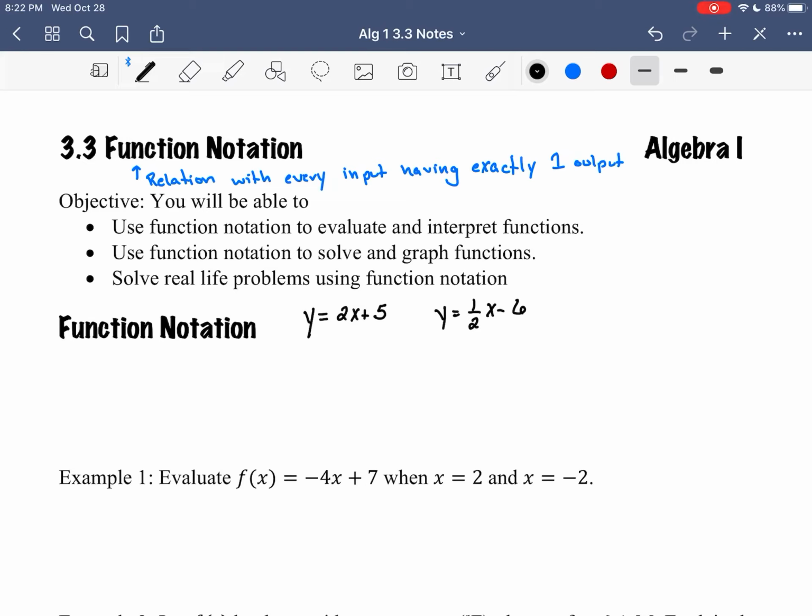So instead of writing this function as y equals 2x plus 5, we would write it as f of x equals 2x plus 5. This is how you say it: f of x. Big caution here, this is not a multiply.